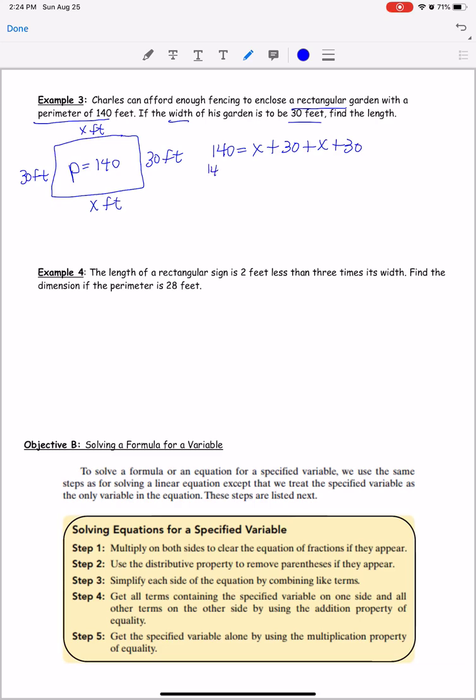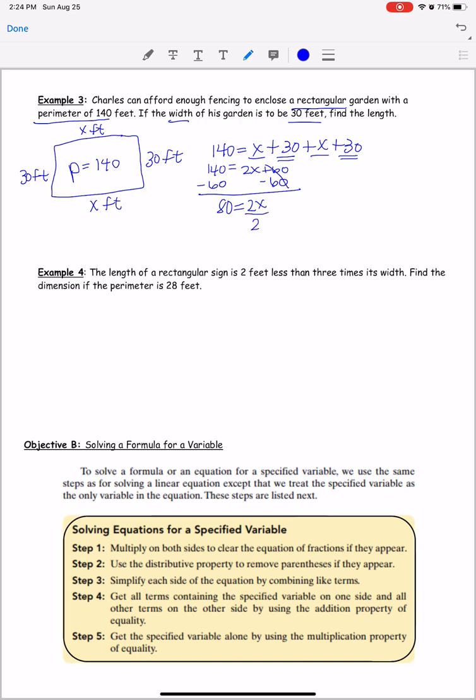So I'm going to bring my 140 down, equals X plus X is 2X, and 30 plus 30 is 60. So to solve for X, we're going to subtract 60 over. Excuse me, those are my dogs. So 140 minus 60 is 80. So 80 equals 2X.